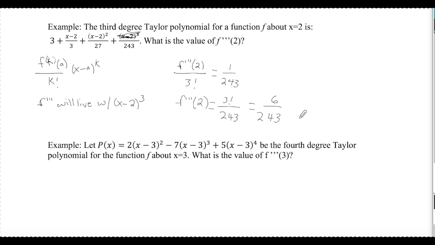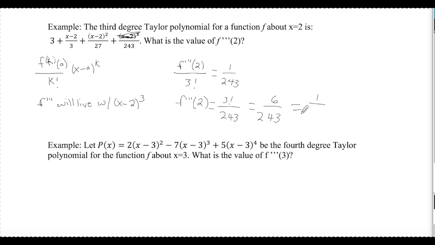If we do our simplification there, 243 is divisible by 3. In fact, I'll take it is divisible by 6. So we can say then 6 goes into 6 once, 6 goes into 200. Oh wait, I had the wrong thing. I'm sorry.